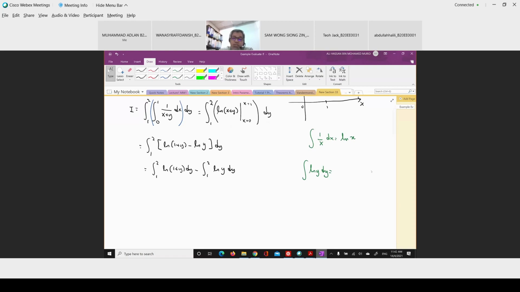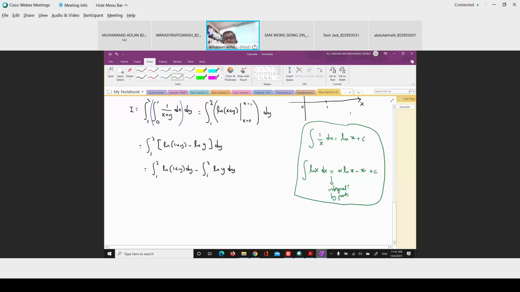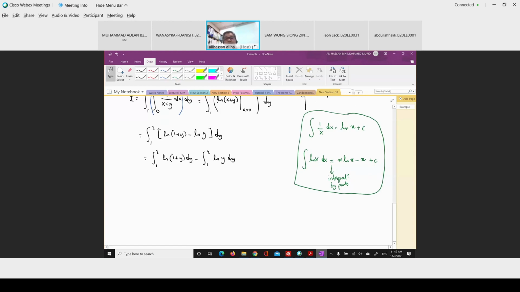This can be evaluated using integration by parts, and the result, let me use x, is x ln x minus x. Actually, I must write down a constant also because it's an indefinite integral here. The integral of ln x is x ln x minus x.